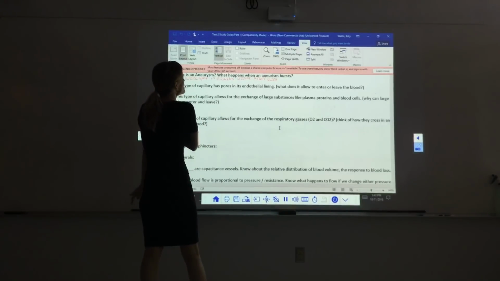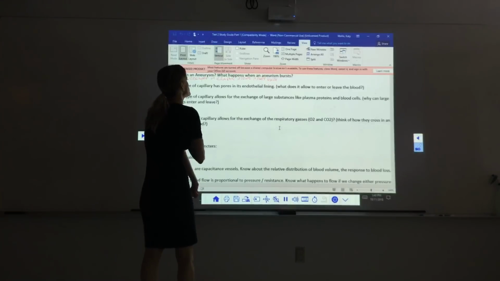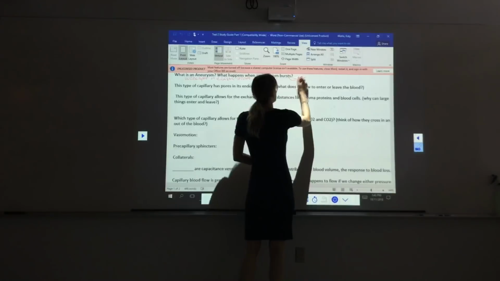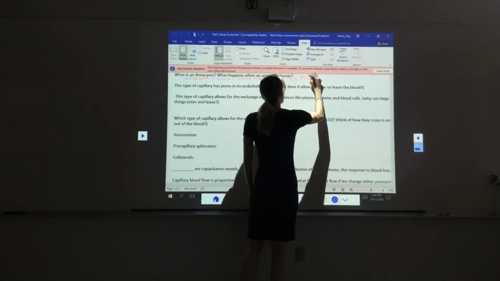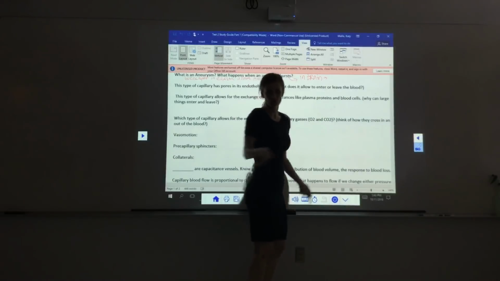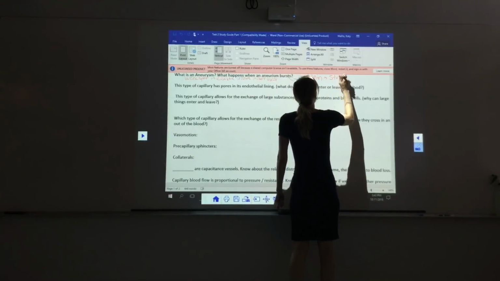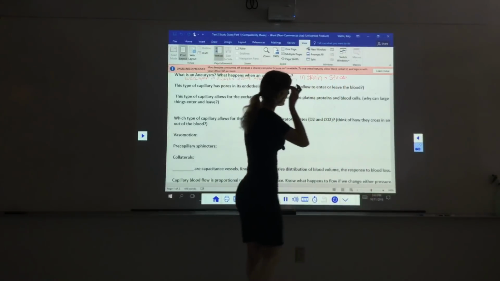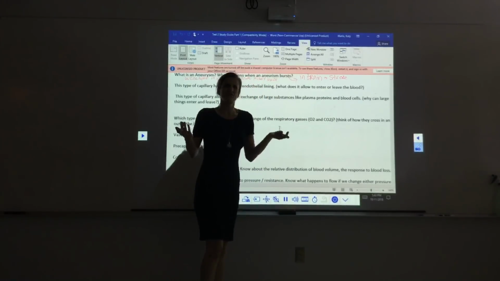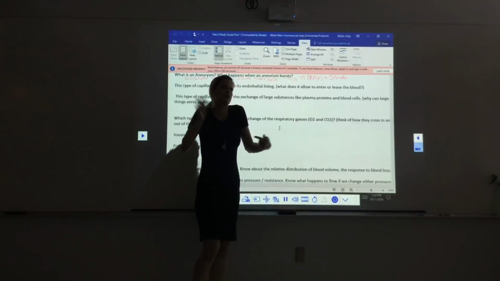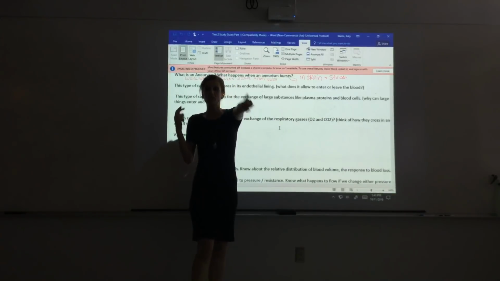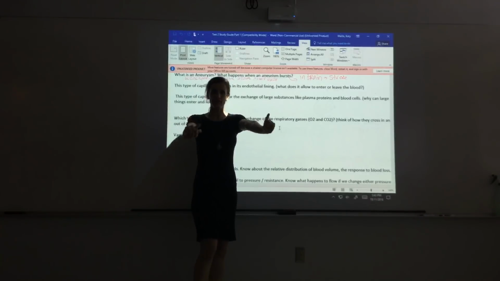So what happens when the aneurysm ruptures? Okay, so if it's in the brain, we call that a stroke, a hemorrhagic stroke, not a thrombotic stroke, hemorrhagic, because it's a bleed. But what happens just in general? Like, just tell me what's going to happen if you've got an aneurysm that bursts. Good. Internal bleeding, and you interrupt blood flow.